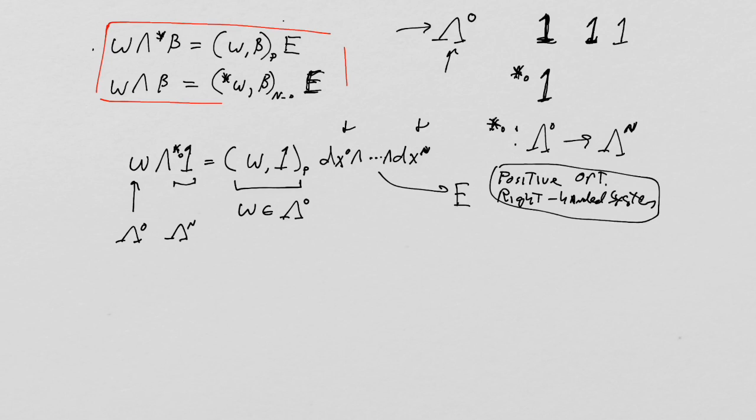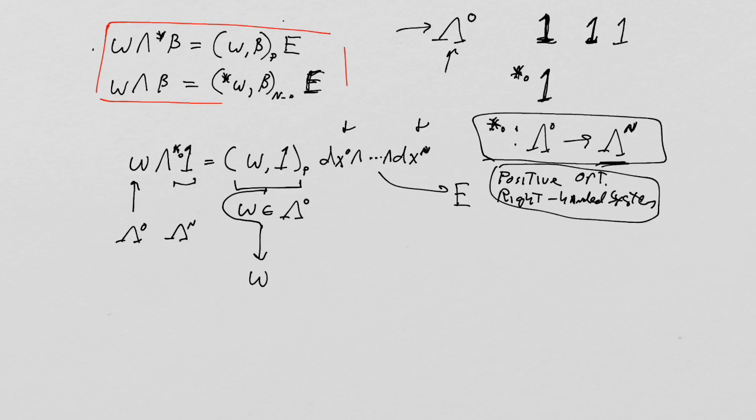Whoops, let me put my little zero there, because we know that the Hodge dual is a map into the nth exterior power. So omega has to be chosen from the zeroth exterior power, which means that this whole term here is omega inner product with the unit, it's a function inner product with the unit, which is going to be the function itself. It's going to equal omega.